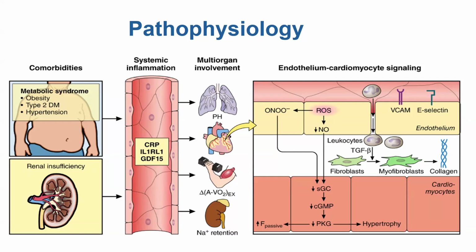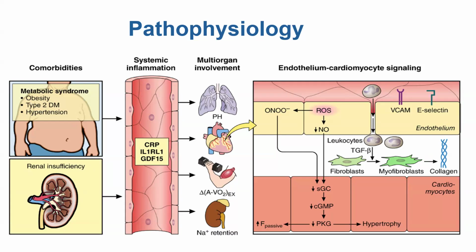And this multisystemic inflammation involves multiple organs. In the lungs, it tends to cause pulmonary hypertension. In the muscles, it tends to cause weakness. In the kidneys, it tends to cause sodium retention. And in the heart, it causes microvascular dysfunction, and endothelial and cardiomyocyte signaling is affected.